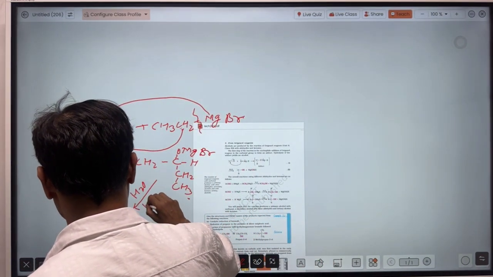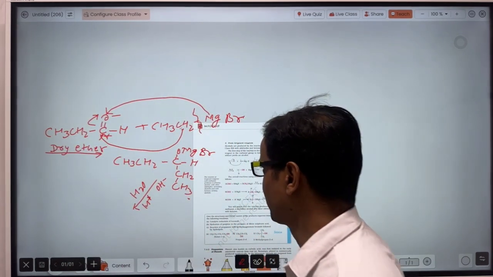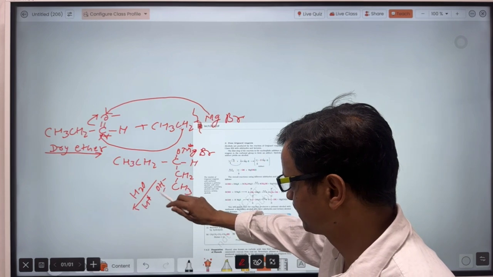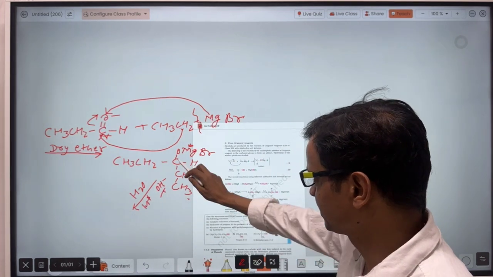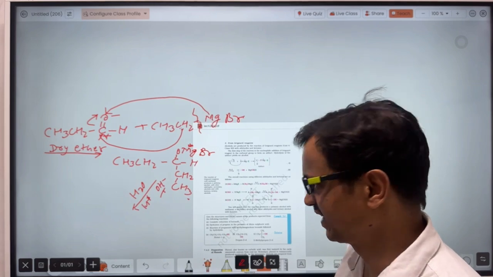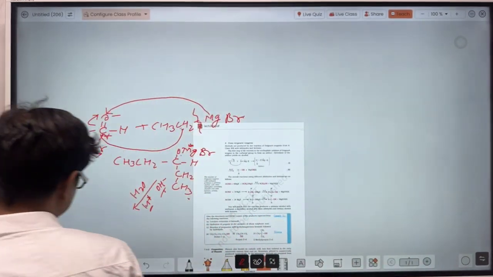Water gives H plus and OH minus. Magnesium is the positive metal, so it will obviously combine with the negative part, that means OH minus. This oxygen will have a negative charge, so H plus will bond to this oxygen. So the compound becomes this.